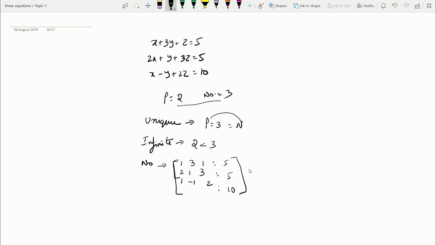If you calculate the rank for this, it is called the augmented matrix, which you can name A colon B. This is the augmented matrix, and this is called the matrix A. If the rank of A is not equal to the rank of the augmented matrix, then it has no solution.